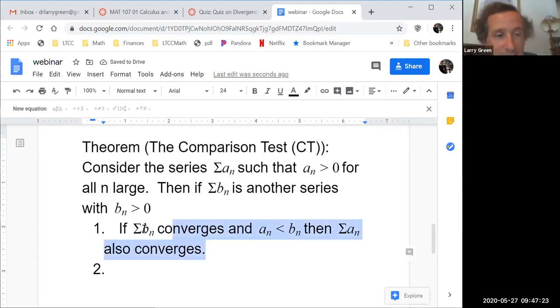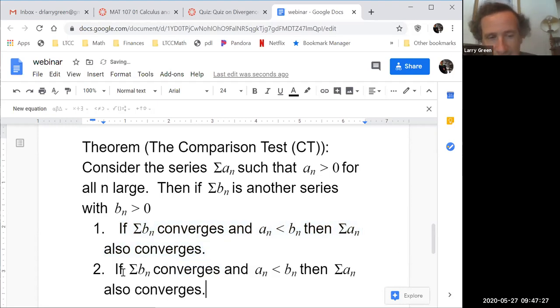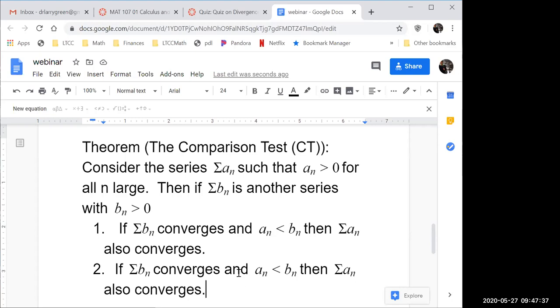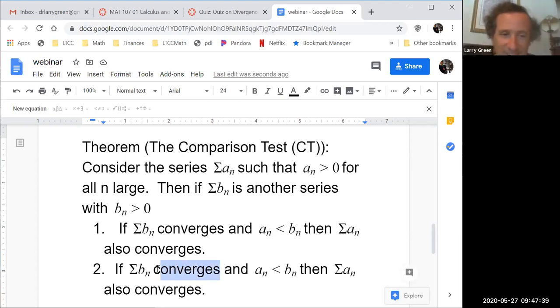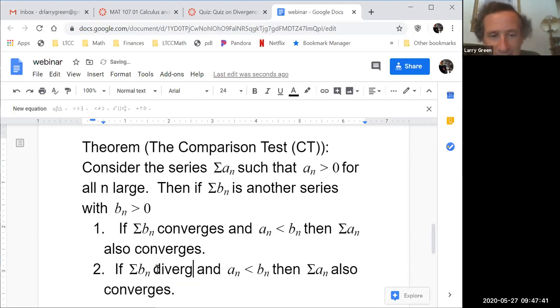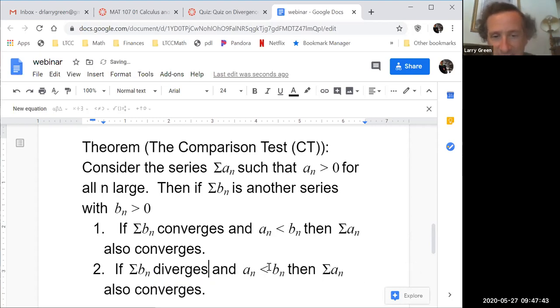Okay, and what I'm going to do is copy and paste number 1 into number 2. And what do you think I have to change? Three things, sorry. If the summation of Bn diverges. Good. So I don't want converges, I want diverges. What else do I have to change?